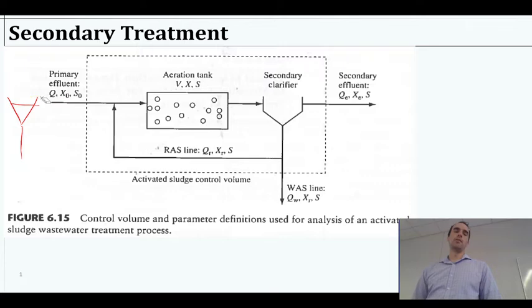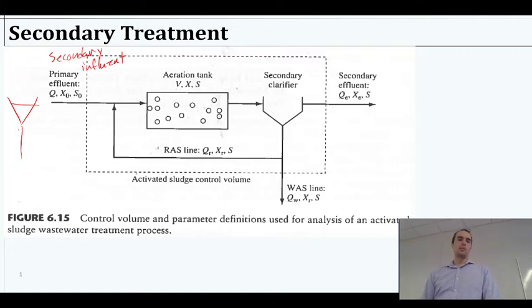And that would also be called secondary influent, right? We could say secondary influent is equal to primary effluent, right? So you'll see that, and just keep that in mind because that can be a little tricky sometimes.